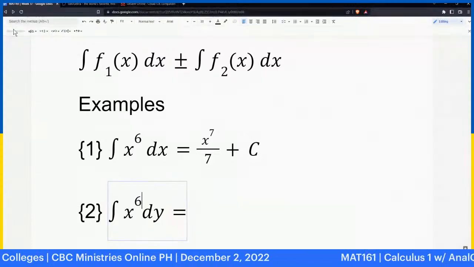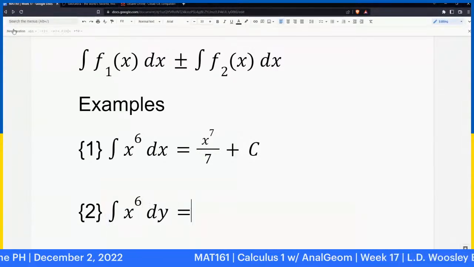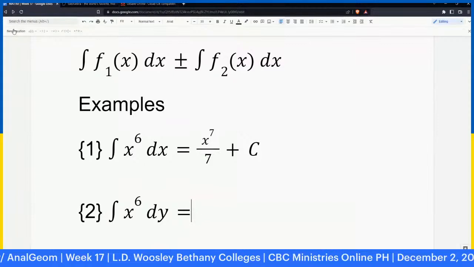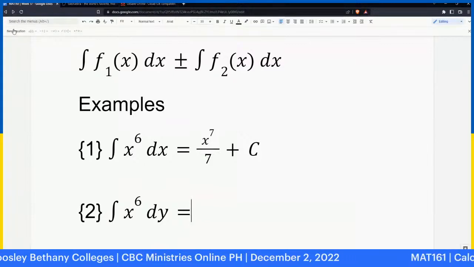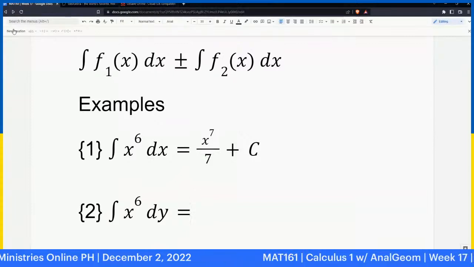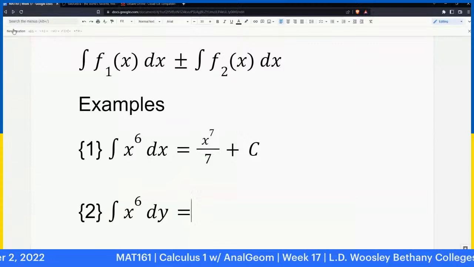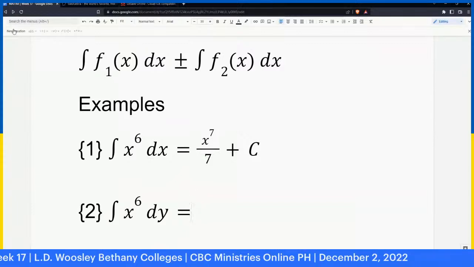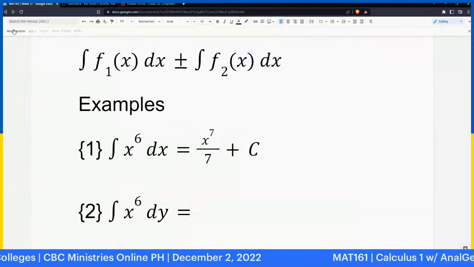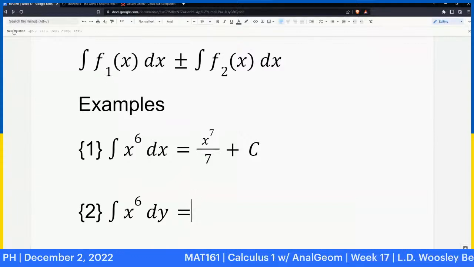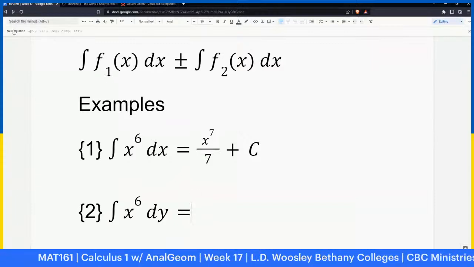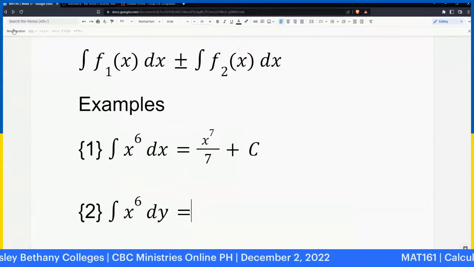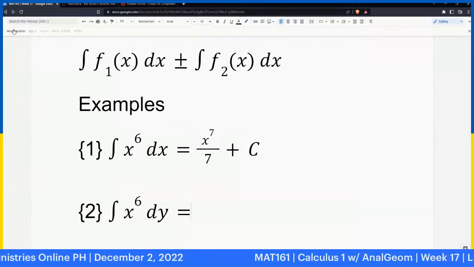What do you think is the answer? x to the 7? Same as the first one. Yes, take note, I changed the differentiable variable, from dx to dy. Let's be careful on that.